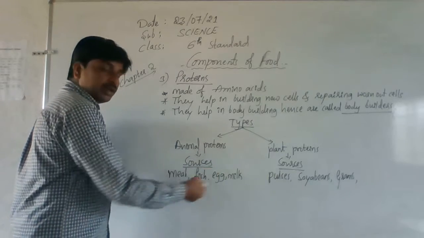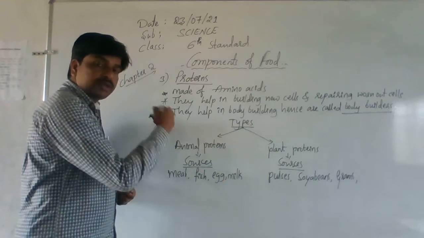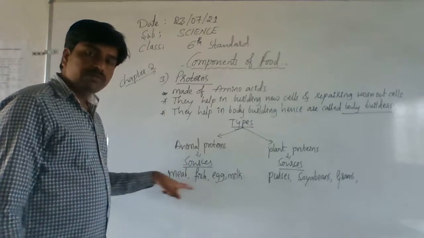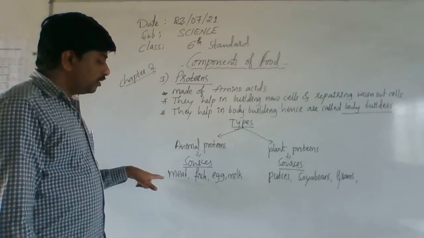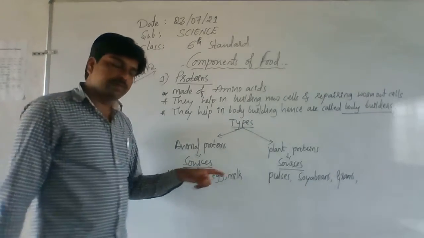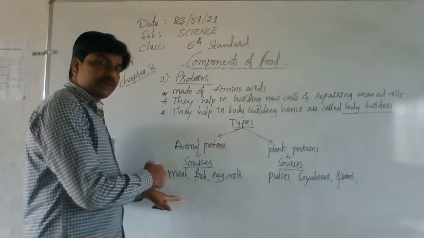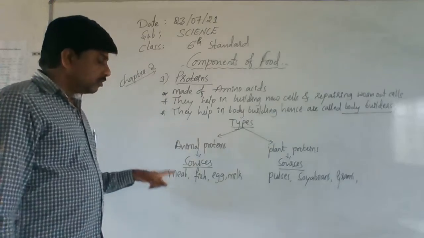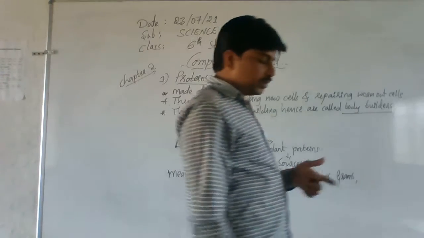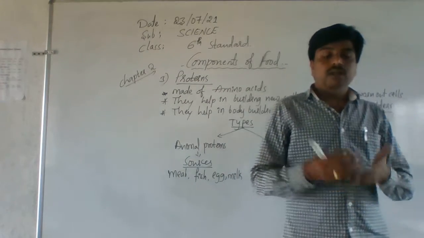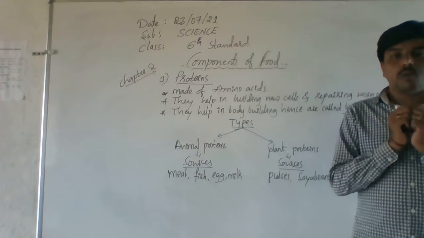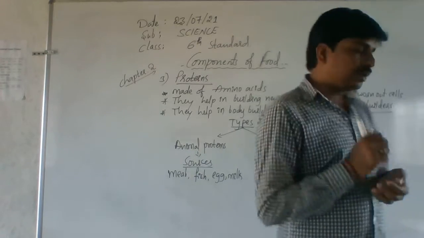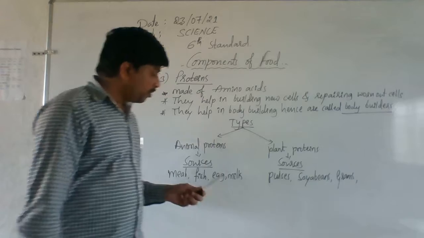Understand? So all these are animal sources of proteins. By eating any one of these foods, you can provide a lot of protein to your body. Clear or no? So these are sources of animal proteins.